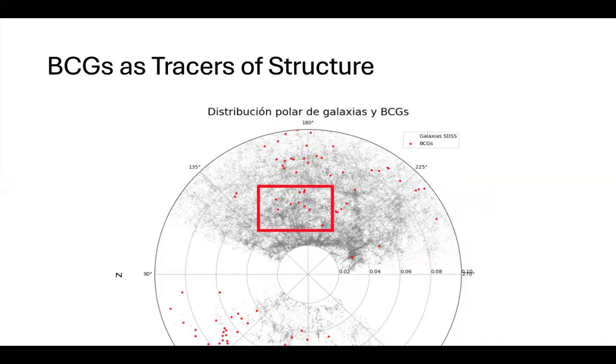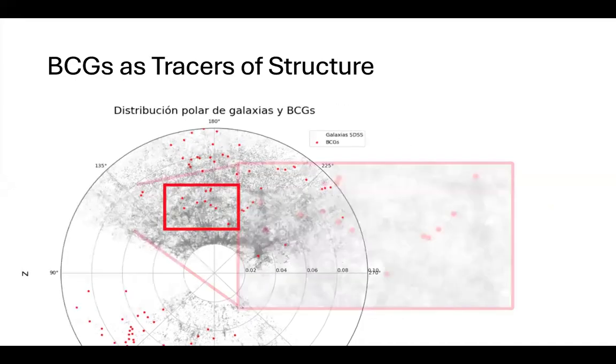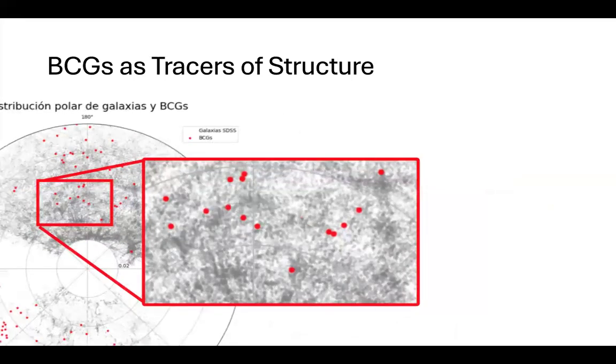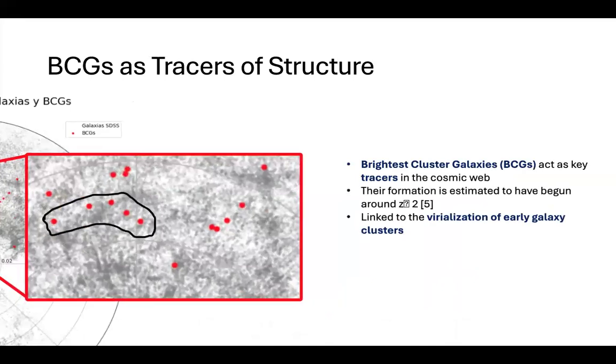So we can find some structures that join the BCGs, and the idea is to better understand the connection, and also to understand how they grow.